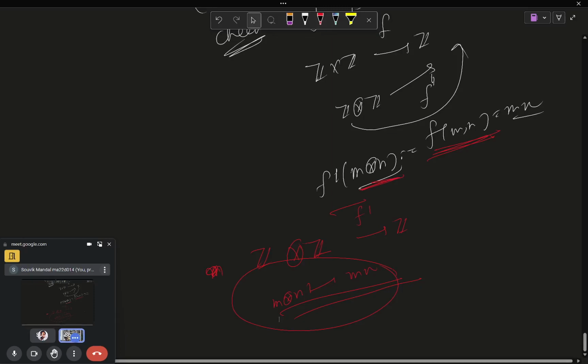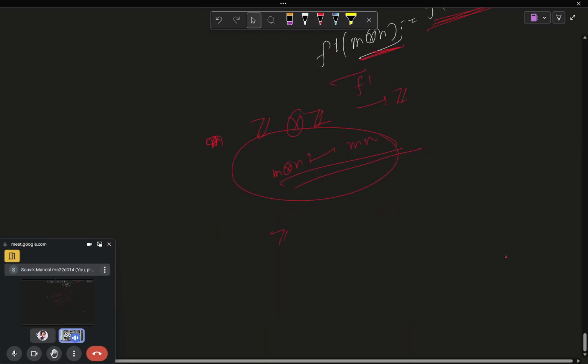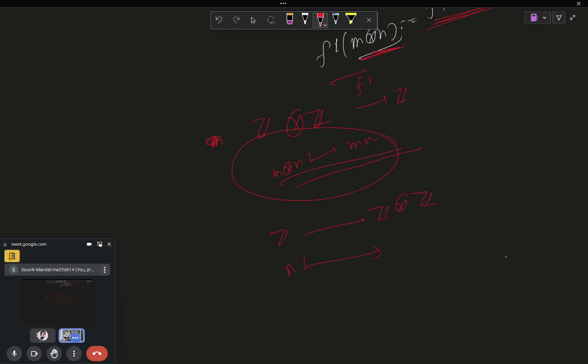What is the reverse direction map? It is an obvious map. What is this? You need to give another map g such that the composition is identity on both sides.